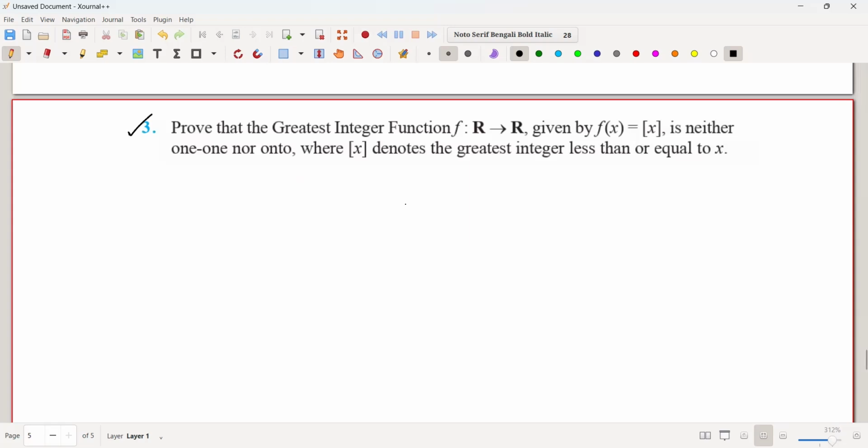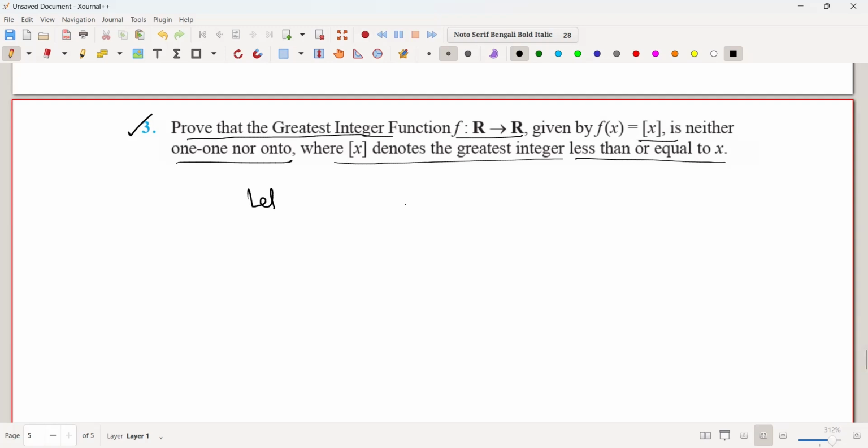Now question number 3: prove that the greatest integer function f from R to R given by f(x) equal to [x] is neither one-one nor onto, where [x] denotes the greatest integer less than or equal to x. When proving that a function is not one-one and not onto, take an example.